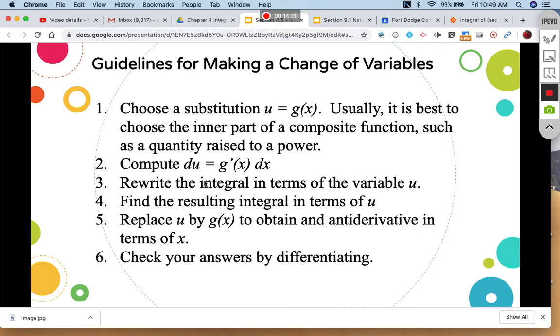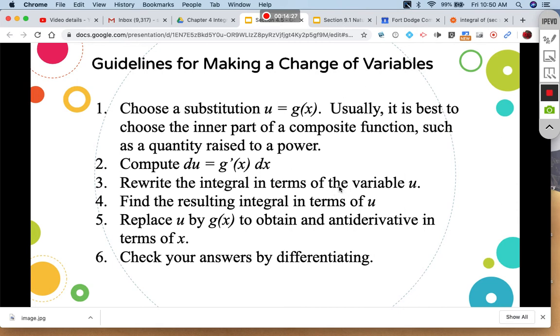So, general guidelines. Choose your substitution. Generally look for a composite function, especially these are used a lot for quantities raised to a power. Find du, g prime dx, and then you're going to rewrite the integral in terms of u.